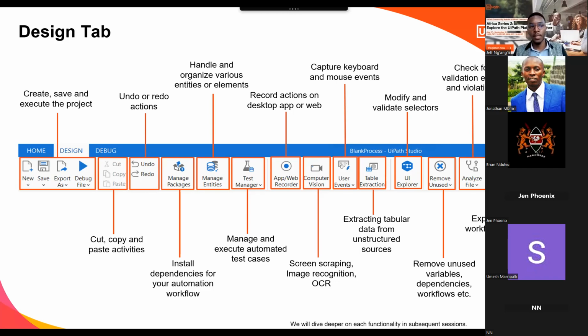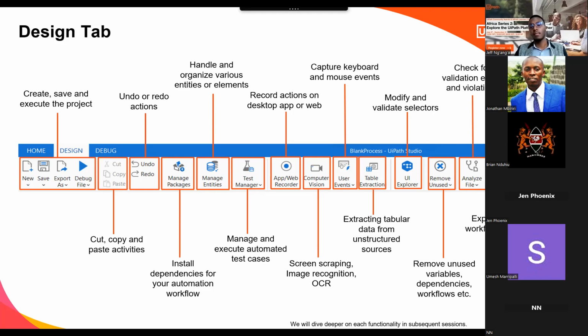Then the last option we have in the design tab is the publish option. So once you've done building your project and it's ready for deployment, ideally you'd use this option to publish your project to Orchestrator, which you'd then deploy from Orchestrator.